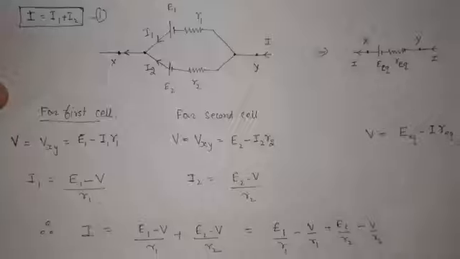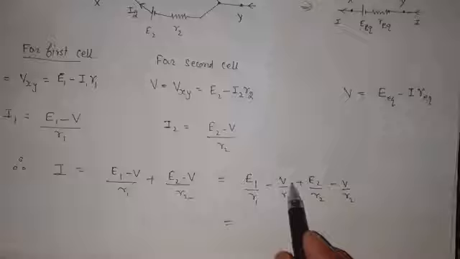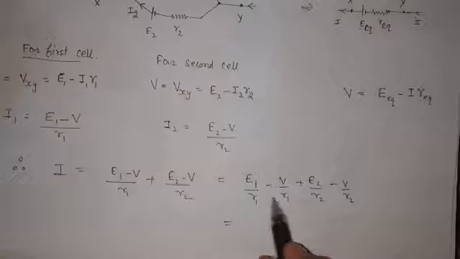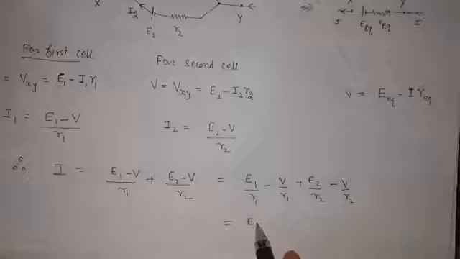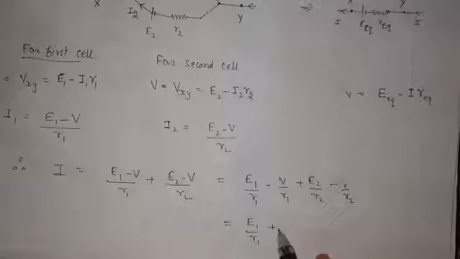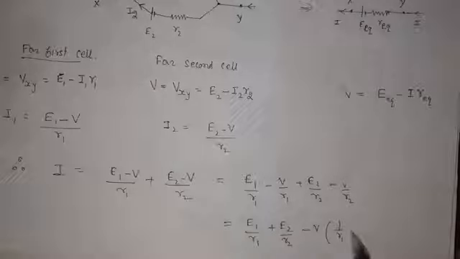We separated the denominator, and over here this is V, this is V, so V can be taken as common, and minus as well. So it becomes E1 by R1 plus E2 by R2, and minus V is common, inside it will come 1 by R1 plus 1 by R2.